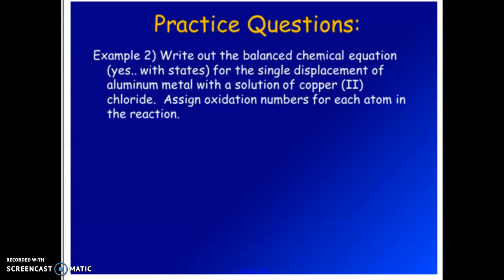Okay, so here is another practice. You can pause the video after we go through this to see if you get the right answer. So you're going to write out the balanced chemical equation with states, so if it's a solid, aqueous, whatever happens to be, for a single displacement of aluminum metal with a solution of copper 2 chloride. Remember I mentioned that balancing can sometimes be different for redox reactions.